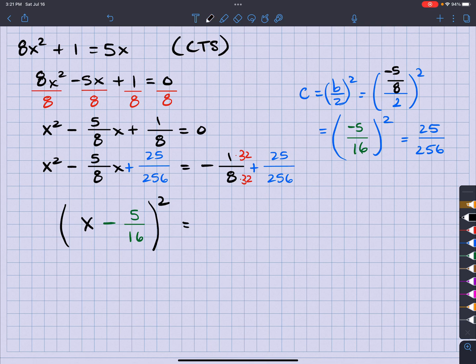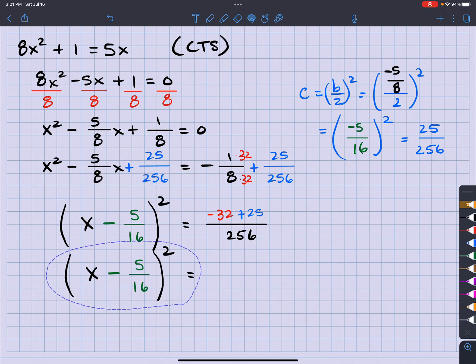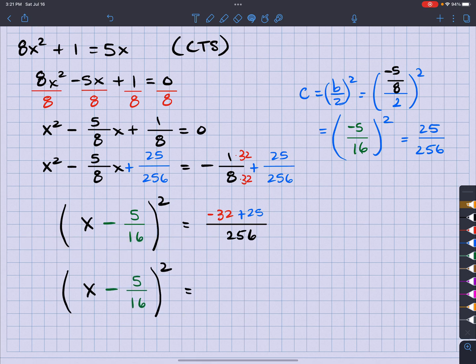So let me go ahead and write that down here just so you guys can see. I have a negative 32 plus a 25 over the 256. So what does that give me? That gives me negative 7/256.